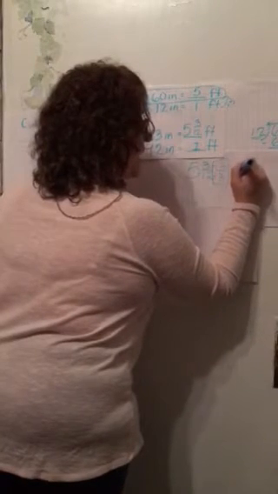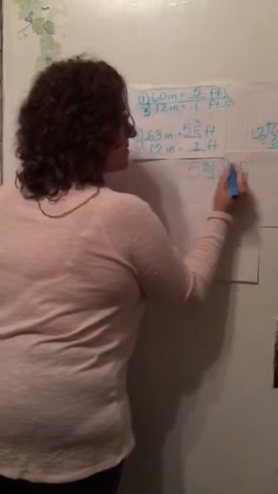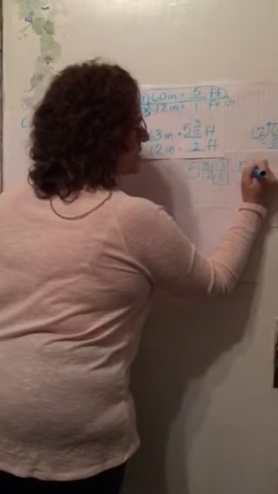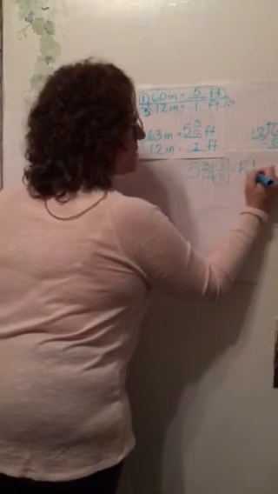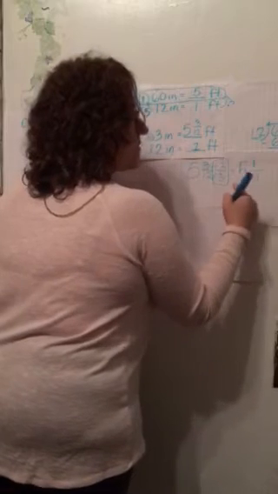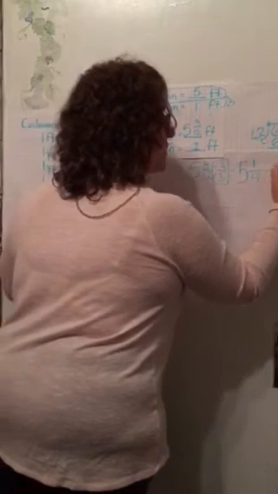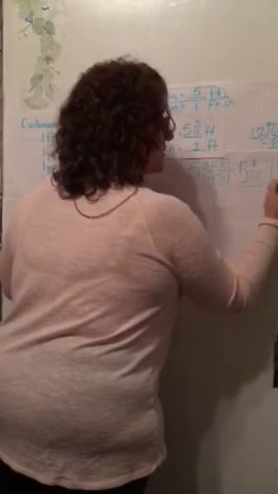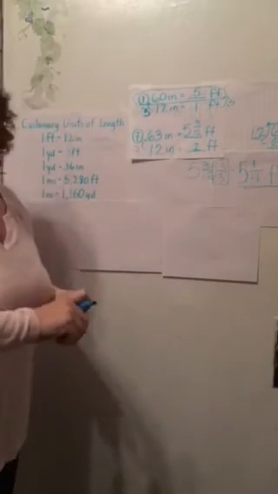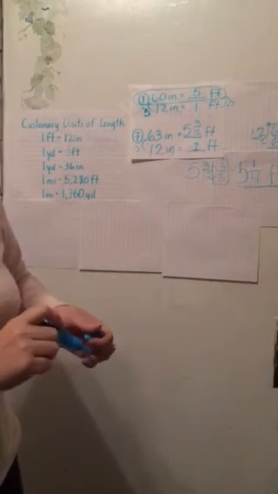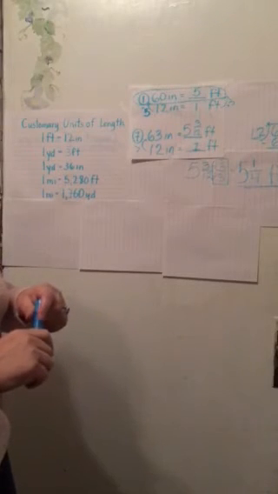And we will get 5, and 3 divided by 3 equals 1. 12 divided by 3 equals 4. 5 1/4 feet as our final answer. So that's basically how we do a conversion.